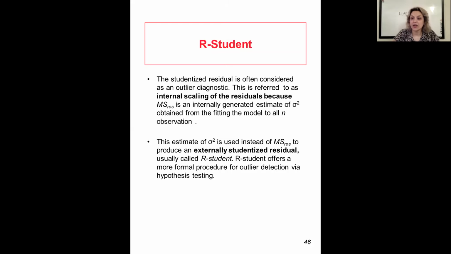We call this externally studentized residual R student. The R student offers a more formal procedure for outlier detection by hypothesis testing. It's like the studentized residual, we use it for finding outliers, but it's a little more formal, especially when we are using hypothesis testing.